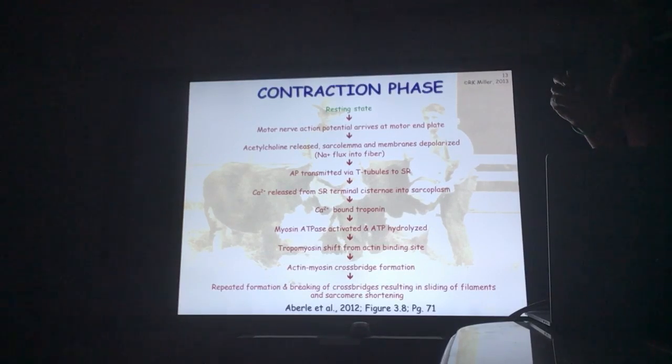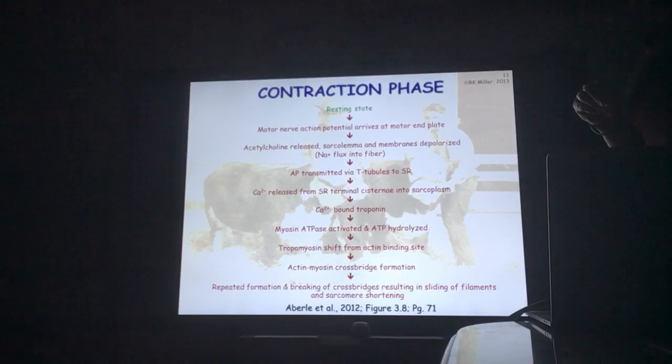The calcium channel in the axon ending is opened up. Calcium concentration is higher on the exterior of the axon ending. When the channel opens up, calcium floods in.